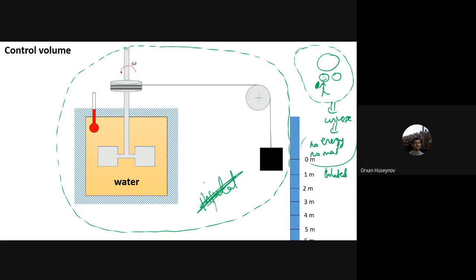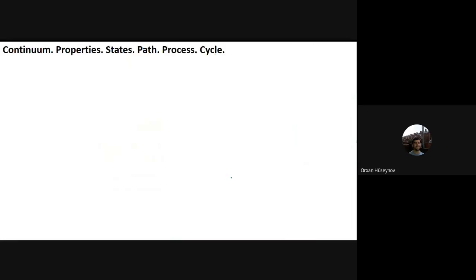So this system, no energy transfer. This is the first thing, and the second thing is that there is no mass transfer, and the system becomes an isolated system. But if it moves, then gravity will act on it, and gravity will pass the boundary of your system. Then you will have work transfer or energy transfer from your system.